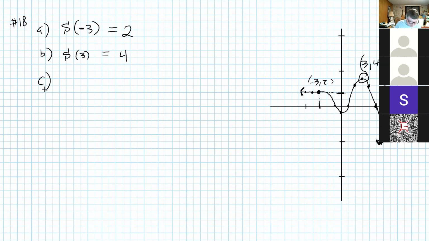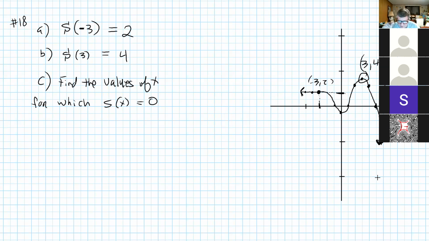Find the values of x for which s of x equals 0. Now, the instructions changed from a previous problem. It says find the values of x, so there's going to be more than one x value that has the same y value.